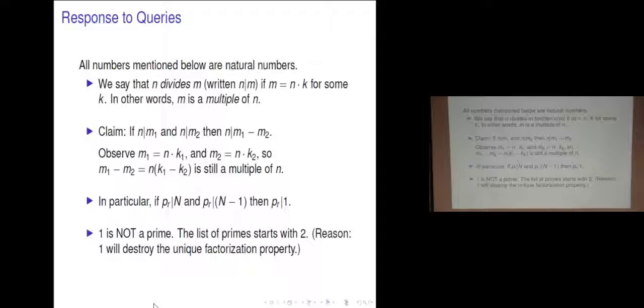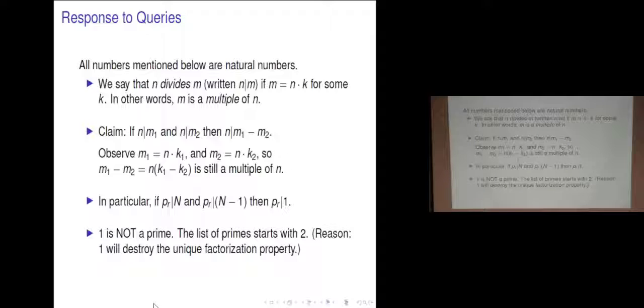So 6 is equal to 2 times 3. The power of 2 is just 1. Power of 3 is 1. Now, if you allow the primes to include 1, then the power of 1, you can choose whatever you want. So somehow it messes up the unique factorization.